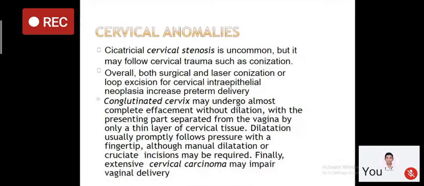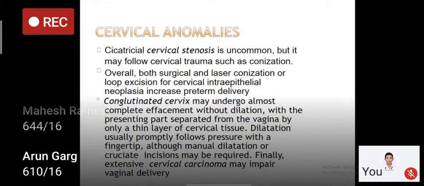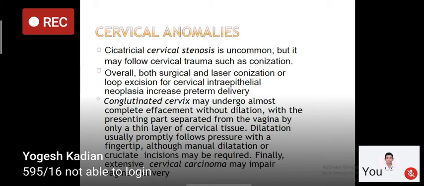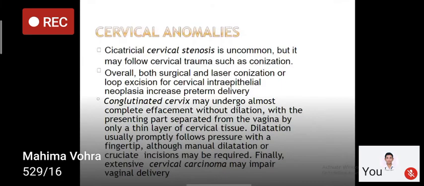If the patient is of reproductive age and willing to get pregnant, she can develop a cicatrized cervix in future that leads to preterm labor. For this conized cervix we need to put a cerclage to continue the pregnancy up to at least 32 to 34 weeks. Overall, both surgical and laser conization or loop excision for CIN increase preterm delivery, as I have told you.